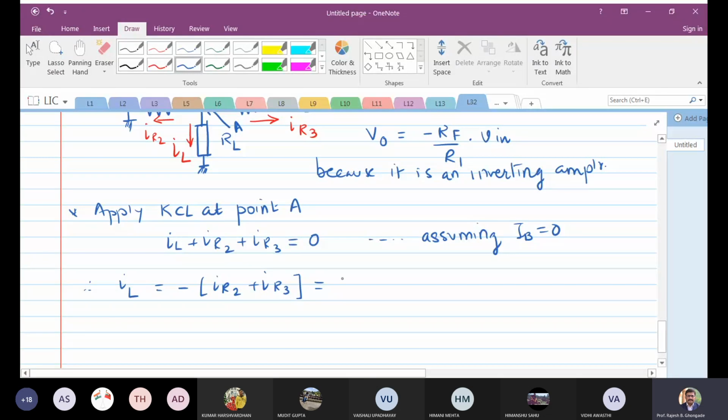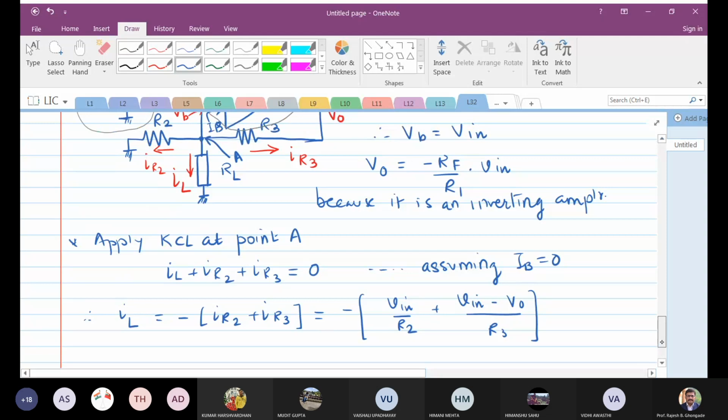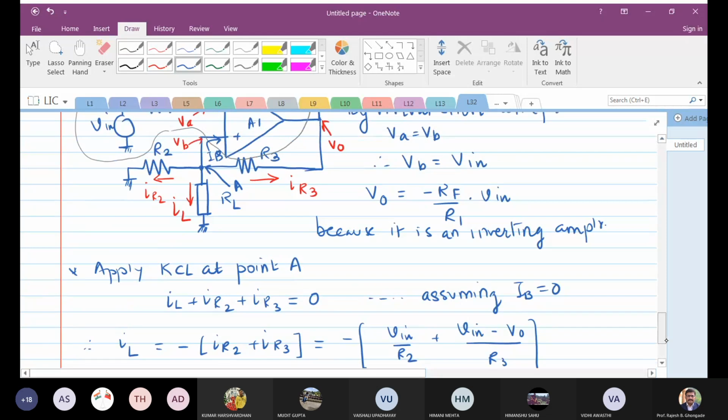That I can write as V in by R2 plus V in minus VO by R3. See, if you can understand this, VB is also equal to V in.